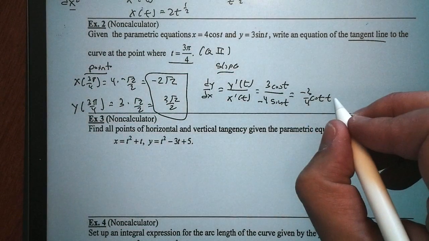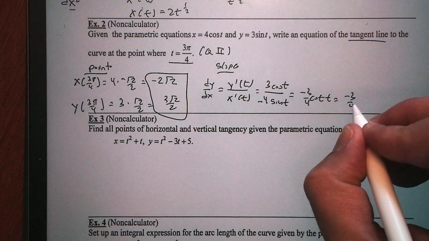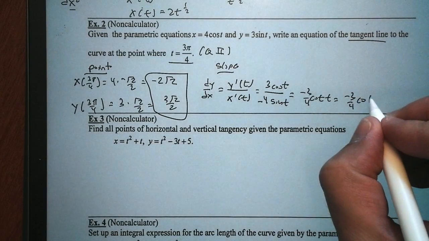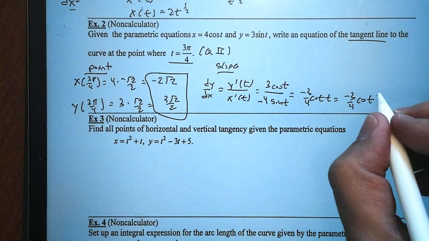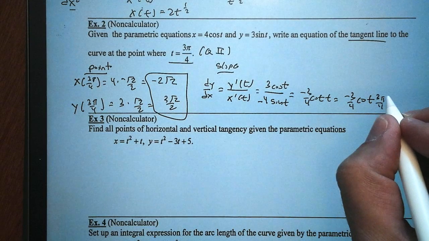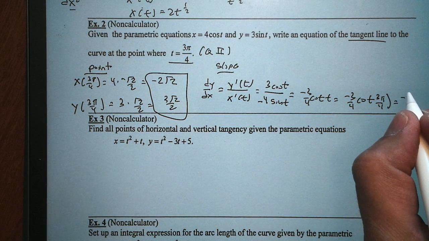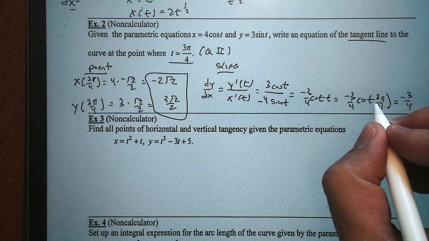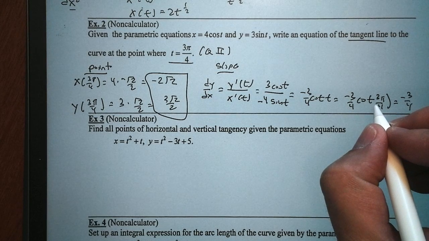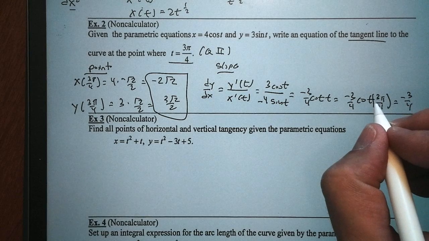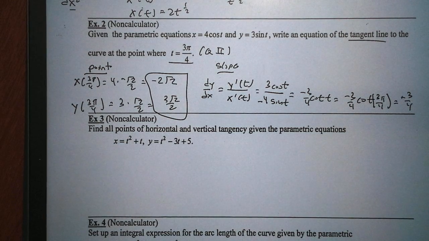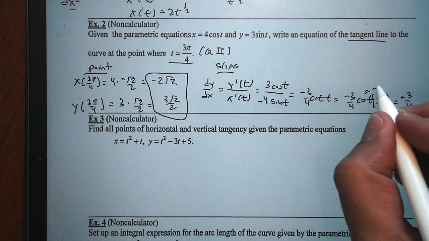There we go. So this becomes negative 3 over 4 times the cotangent, and you're just going to plug in your point, 3 pi over 4. The cotangent of 3 pi over 4 is going to be negative 1, so it should become positive 3/4 right there. Remember, this is negative 1.